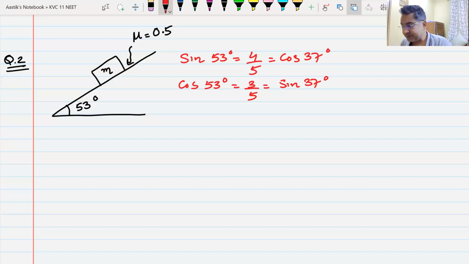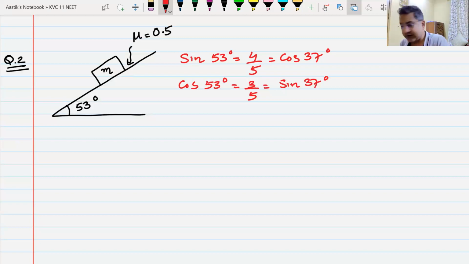Yes, anyone with an answer? You can take g as 10 meter per second square and tell me your answer. 7.0 meter per second square.